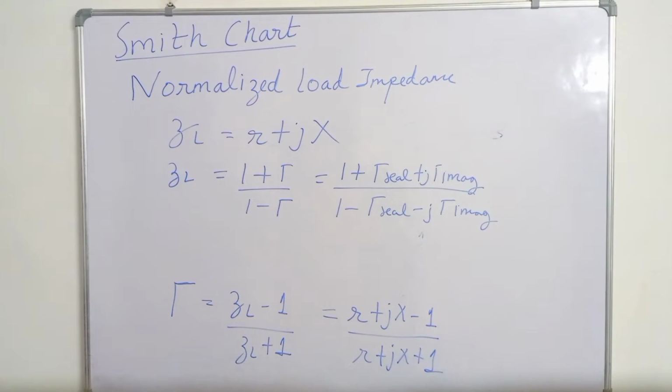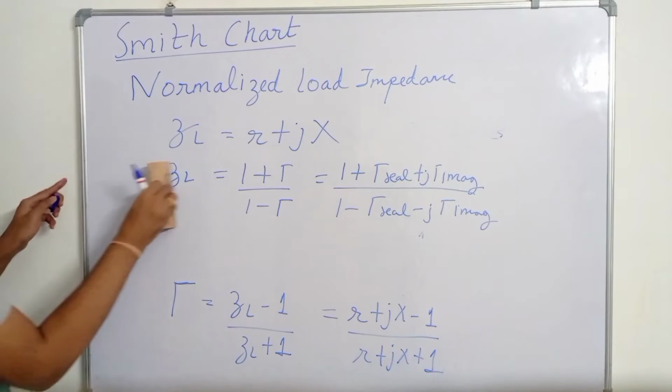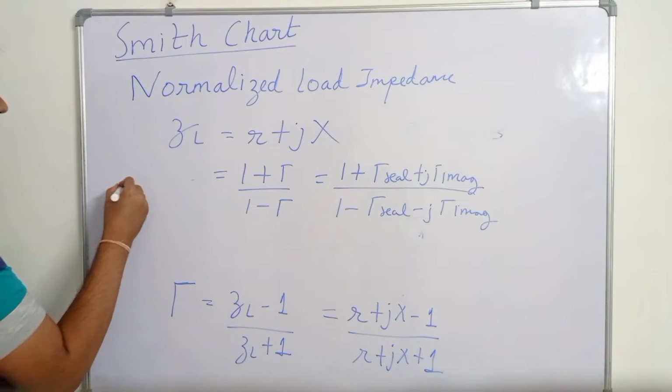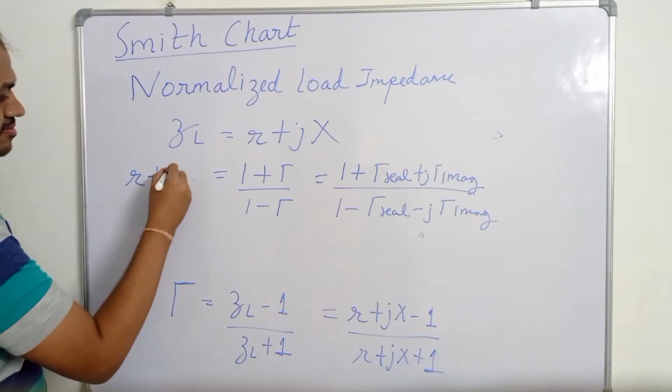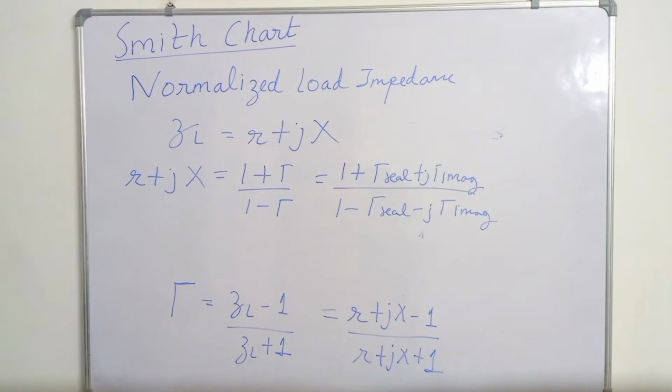This is how we can write the normalized load impedance, and it is equal to r plus jx. So r plus jx is equal to 1 plus gamma upon 1 minus gamma.